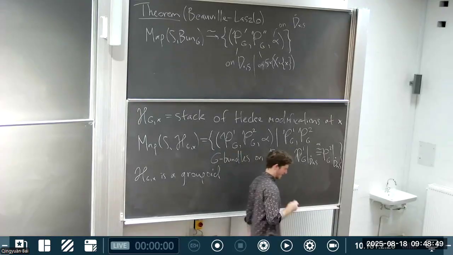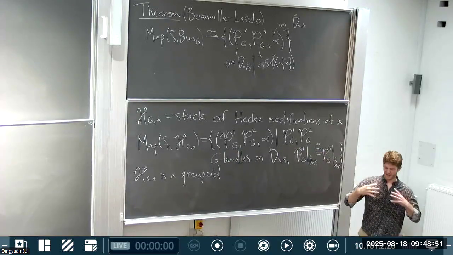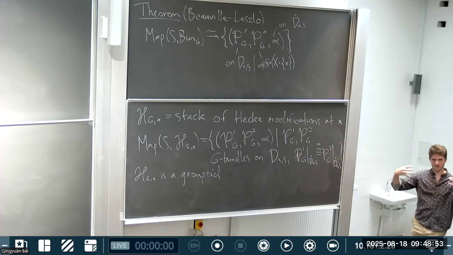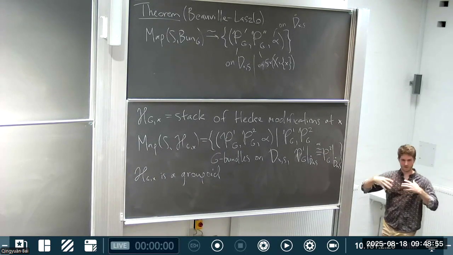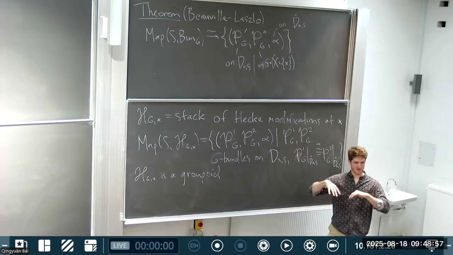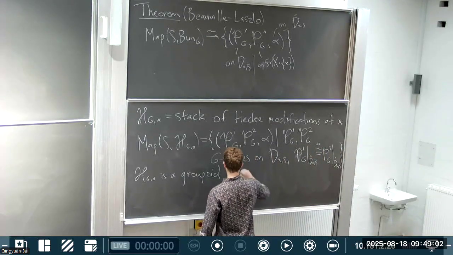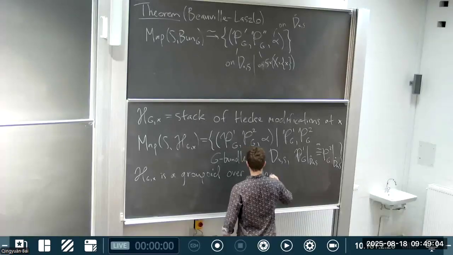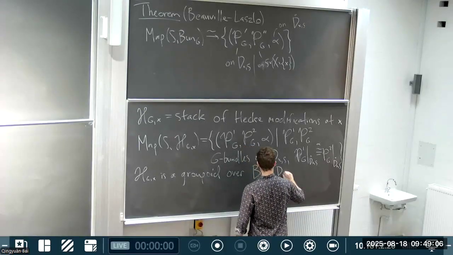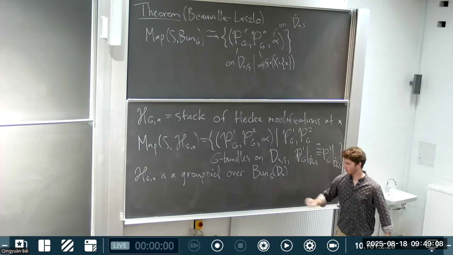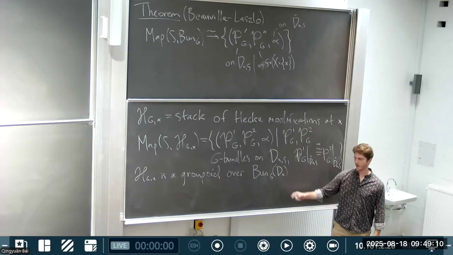A groupoid is like a category: it has objects and morphisms. So I have to specify what is the space of objects of this thing. There's some base that it has to live over, and it's a groupoid over the moduli of G bundles on the disk. Hopefully the notation is clear.